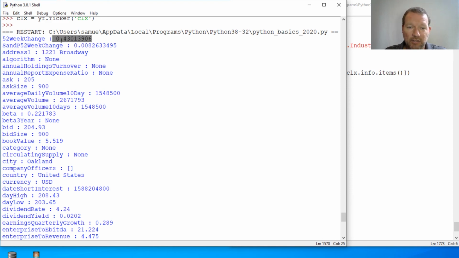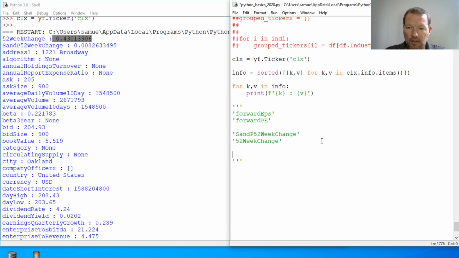Clorox is actually just a little bit above, almost 1%. It's moving at about 1% higher than the S&P. So this is one of the basic building blocks of how you begin to compare a company with the broad index. Now we're going to start looking at how to compare, because we're also going to start putting this into a data frame, so we're going to get to see companies compared against other companies in that industry.